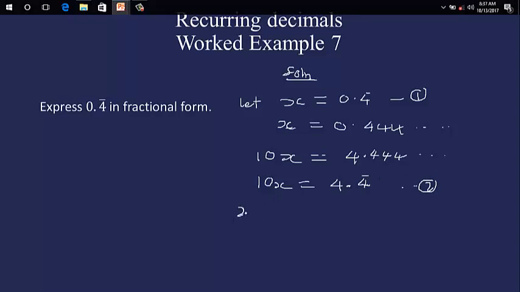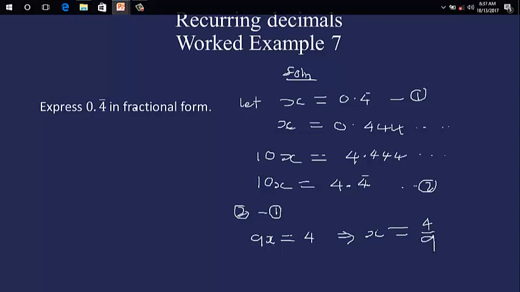Now if you take equation 1 from equation 2, this is going to take off this. We are left with a 4. So 10x minus x will give us 9x, and 4.4 recurring minus 0.4 recurring will give us 4. So this implies that our x is equal to 4/9.